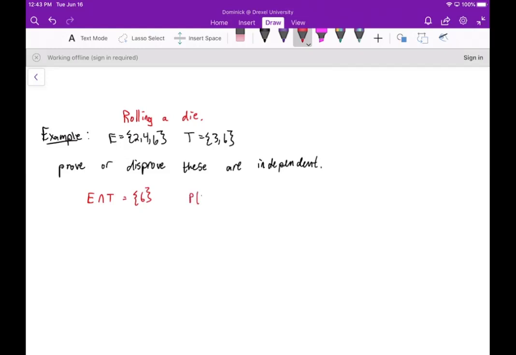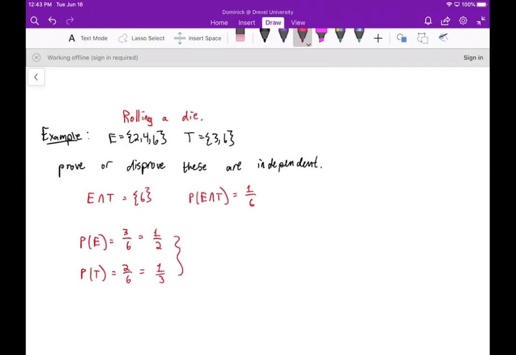So the probability of E intersect T is 1/6. Now the probability of E is 3/6, or 1/2. And the probability of T would of course be 2/6, or 1/3.